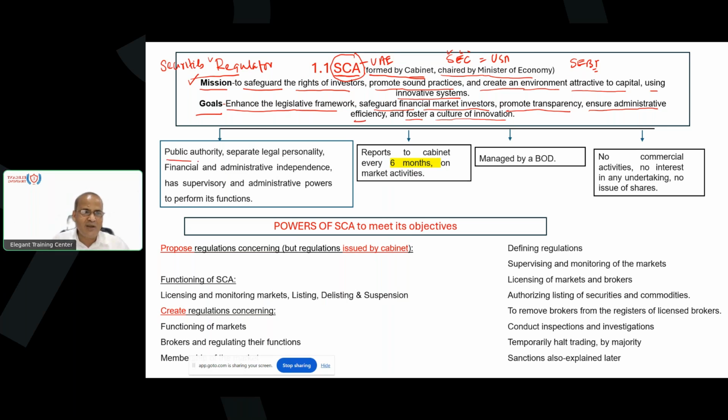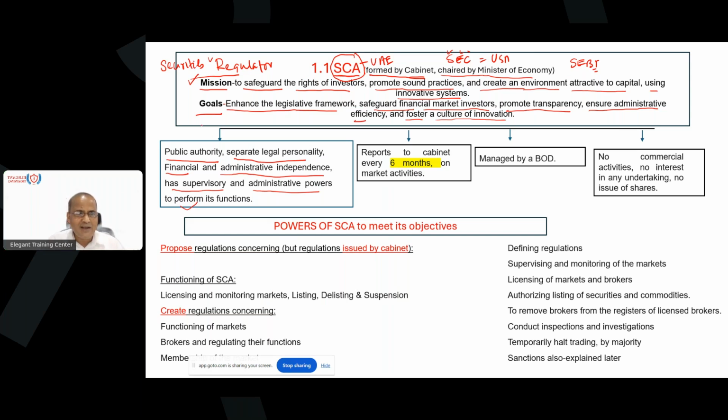We are discussing what SCA is, how it is formed, and its structure. SCA is a public authority with separate legal personality, and financial and administrative independence. It has supervisory and administrative powers to perform its functions. What is a public authority?